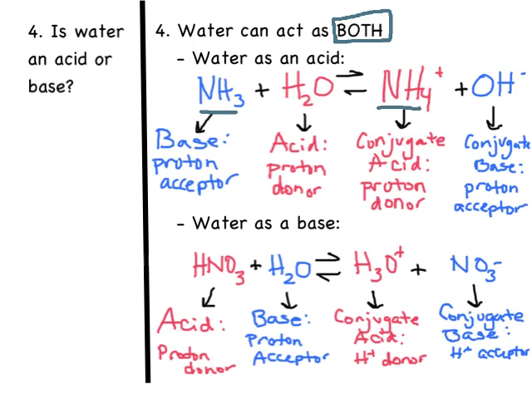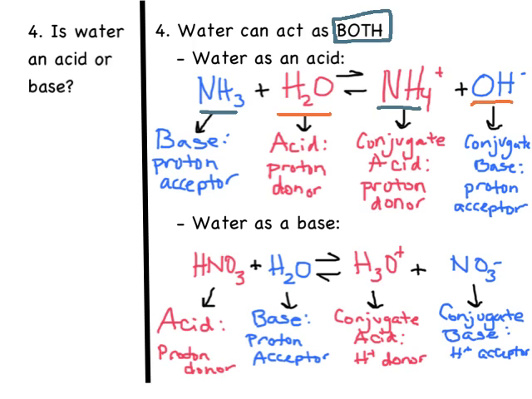Now when we take a look at water, we start out with H2O, and one of the H's gets stripped from it. So now all we'll end up with is OH minus. So in this case, NH3 is our base, and H2O is the acid, because we always have to have one or the other. You're never going to have two bases together or two acids together.